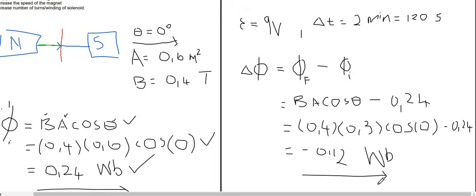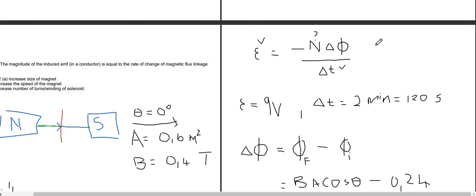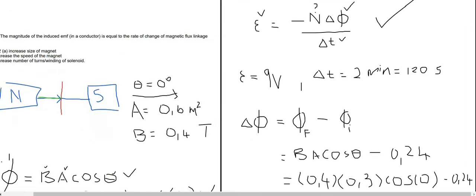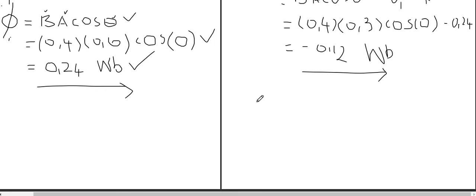So now you're saying, okay, if I look back at my formula for electromagnetic induction, Faraday's law of electromagnetic induction, I now have the change in the magnetic flux linkage. So I need to find N. And before we can do that, we just need to rewrite this whole thing. So you say, okay, how do I make N the subject?